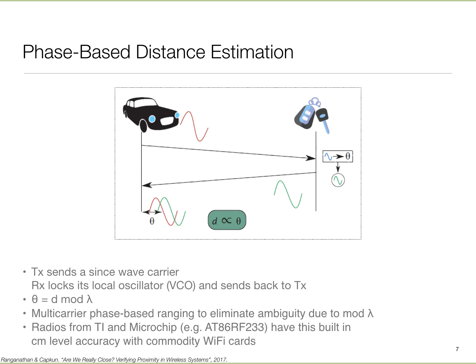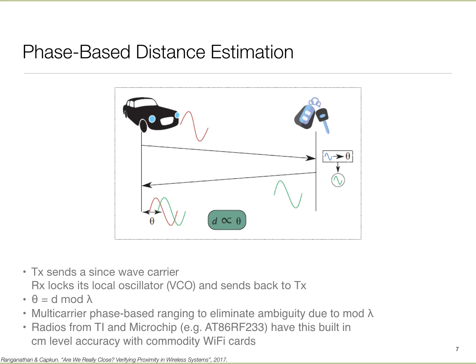Second class of techniques, which are based on phase. The basic idea is that one entity is going to send out a signal, think of it as a sine wave, and then the other is going to send it back. Imagine I have this mirror, conceptually, that I talked about, so it literally just sends it back somehow.